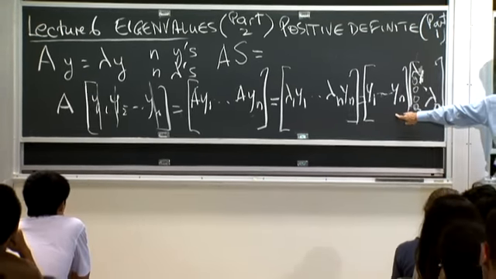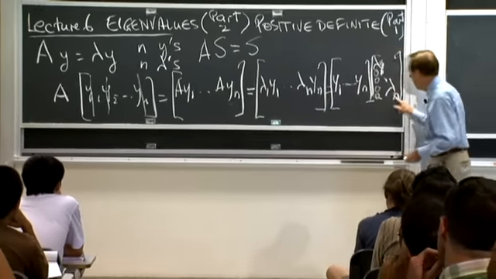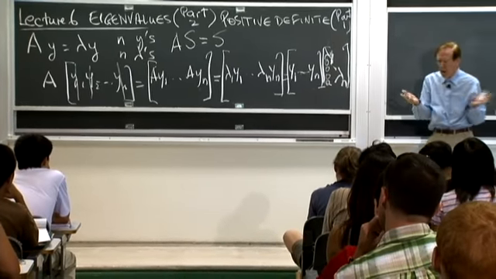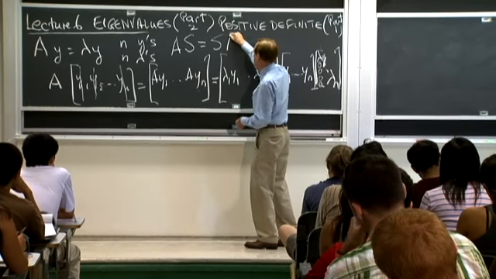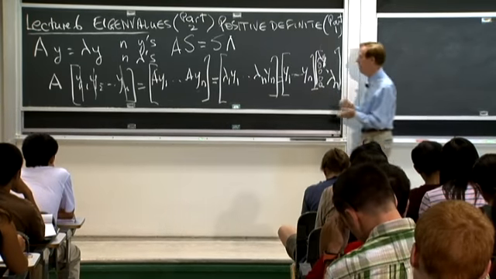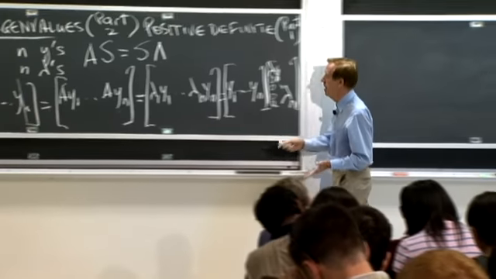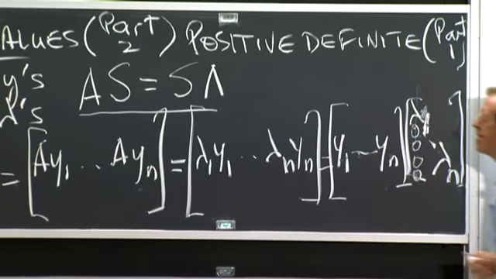That's S. And what's the other guy? That's the eigenvalue matrix. So it's just got n numbers. They automatically go on the diagonal. And it gets called capital lambda. Capital lambda for the matrix, little lambda for the numbers. So this is all n at once.